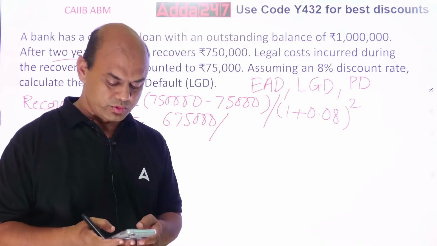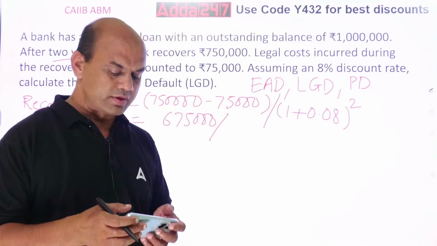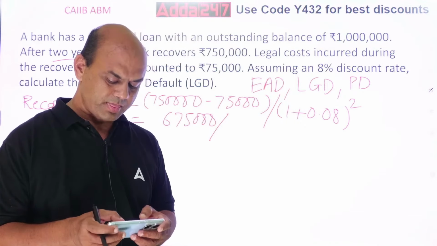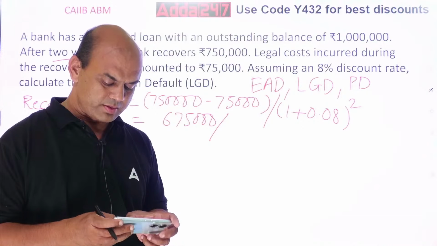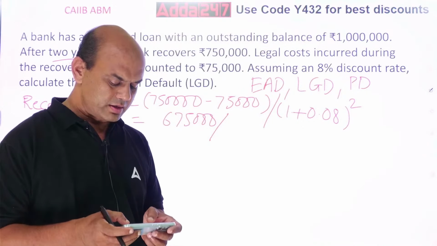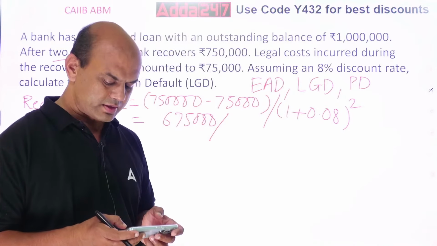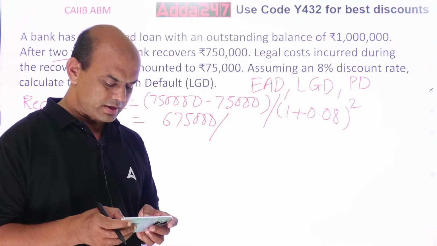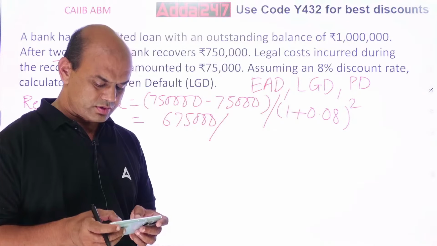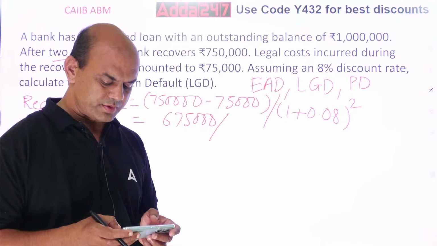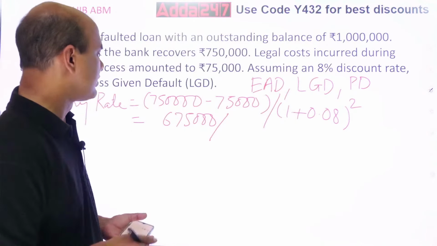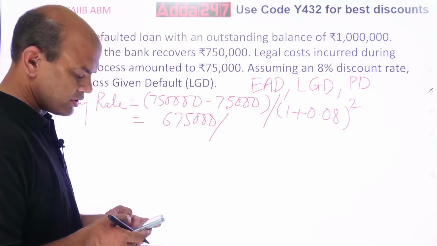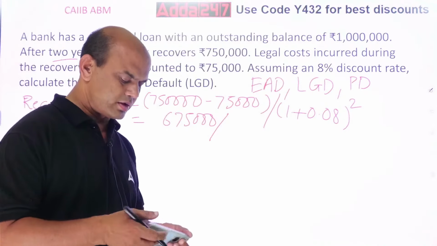1.08 raised to 2. Do it, everyone. It is 1.08 and then square. So 1.08 raised to 2. Oh, I have done cube. Wrong.